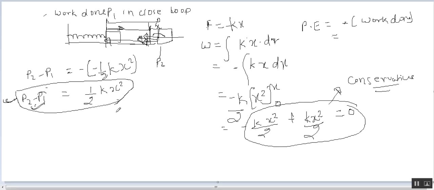We have to discuss it first. After that we will try to find the relationship for potential energy due to the gravitational force.